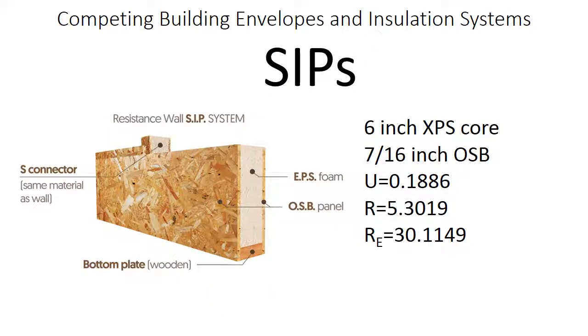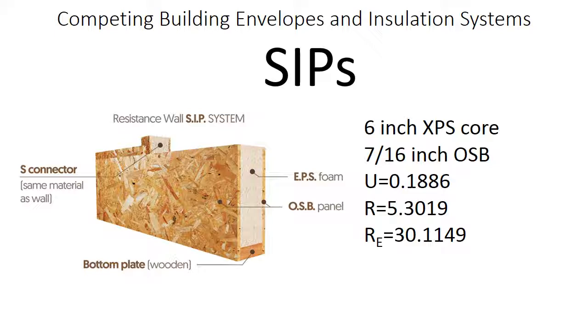SIPs, or structural insulated panel systems, are a structural wall that uses composite theory to make the structure. By having the sandwich structure of OSB glued to the core, it creates a rigid structure, and then the insulation portion is on the inside of the wall.